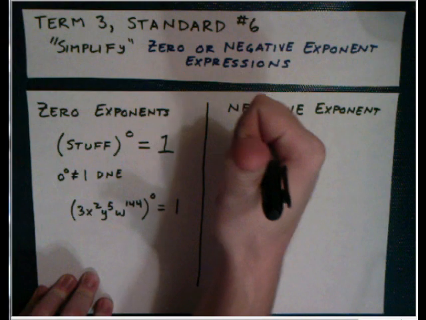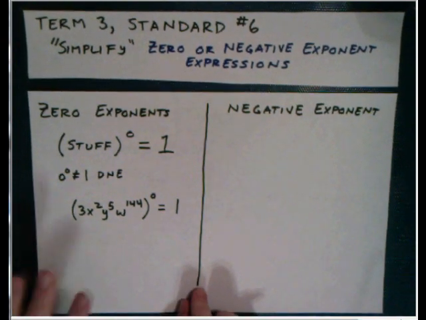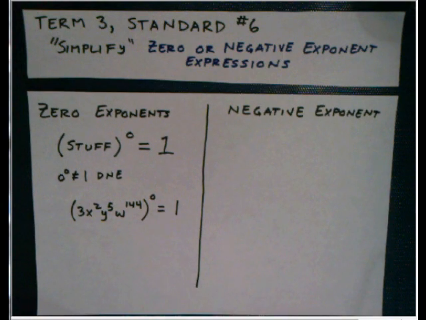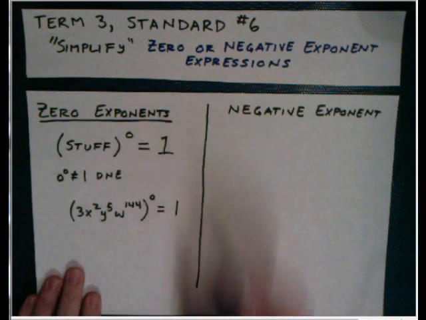That's a thumbs up, if the perspective's hard to tell. This is actually a really nice thing, and I'll show you in the examples in just a few minutes some ways that this makes simplifying expressions really easy. Okay, so that was zero exponents: zero exponents make something equal to 1.